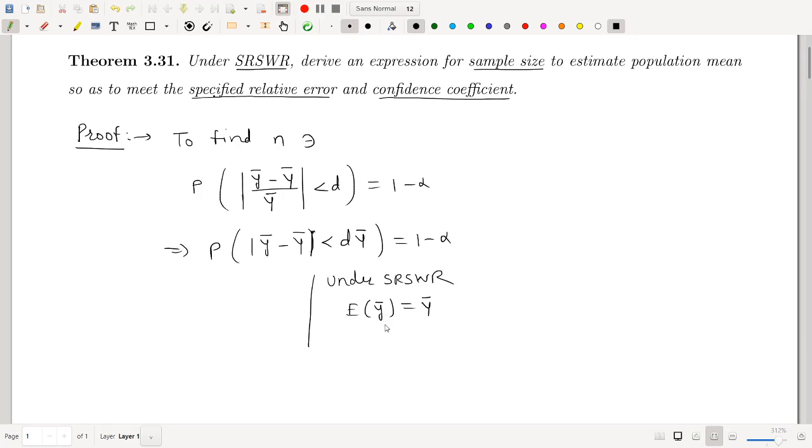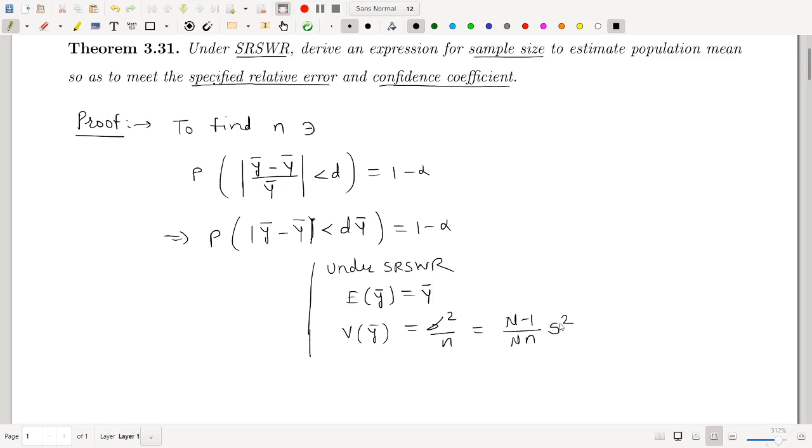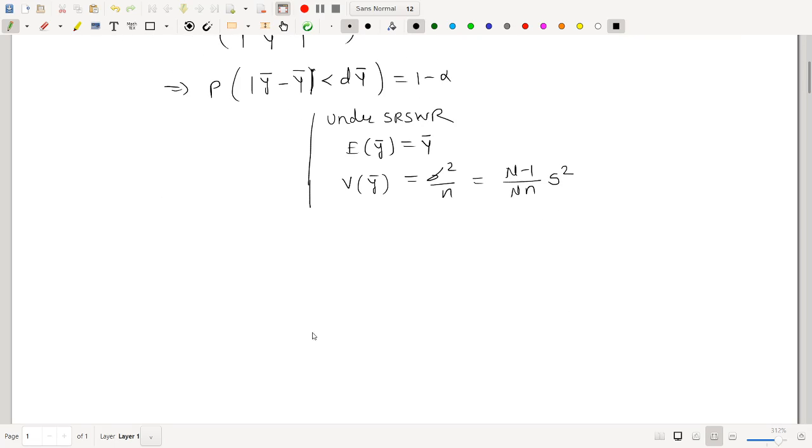This means the sample mean is an unbiased estimator of the population mean, and variance of small y bar is sigma square by n, and in terms of S square this formula is n minus 1 upon n into S square. So small y bar follows asymptotically normal with mean capital Y bar and variance n minus 1 upon n into S square.